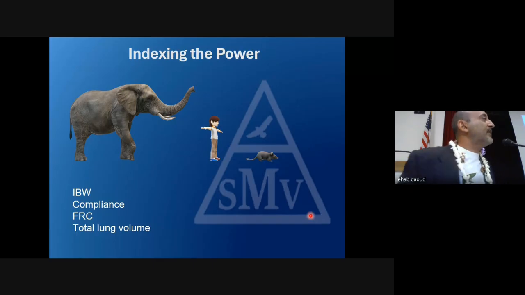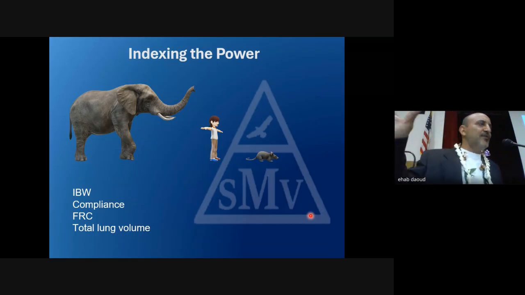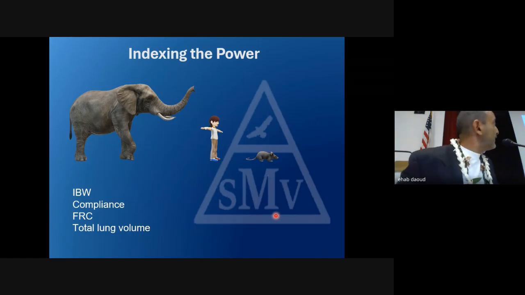Okay, so we calculated the mechanical power and everything. Now what? Say your mechanical power is 20, and most of the studies say that above 15 or 17, you're going to injure the lung. If you're a human at 17, that's probably not going to injure you.